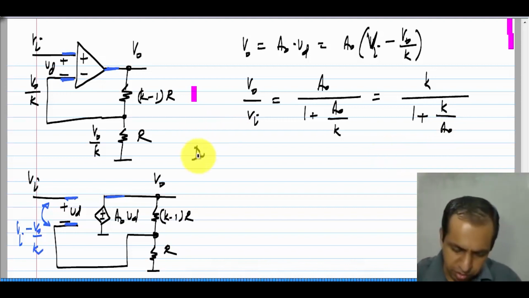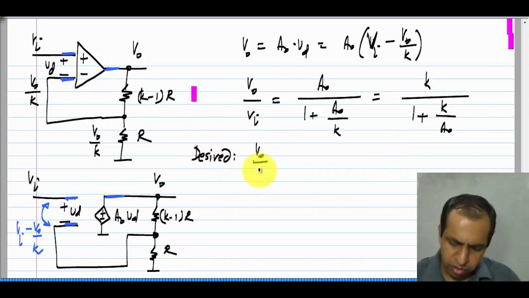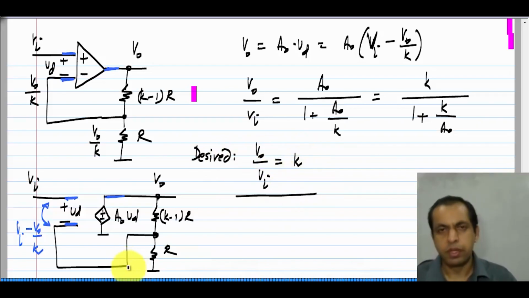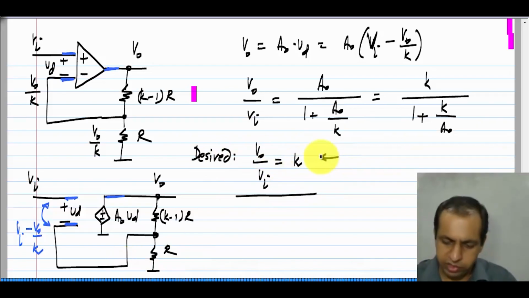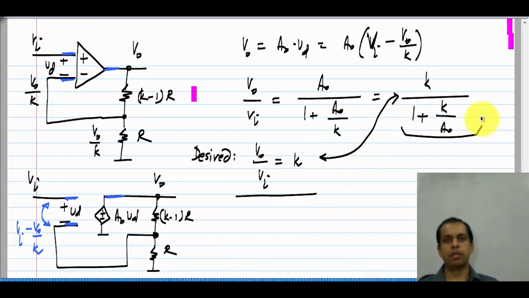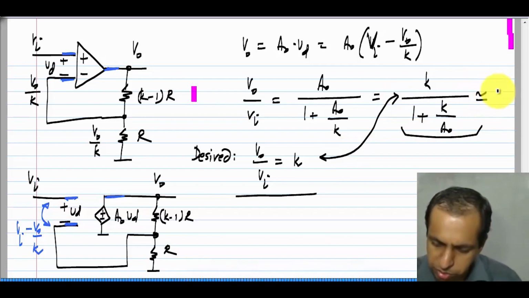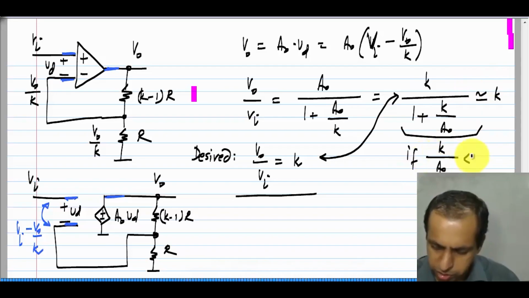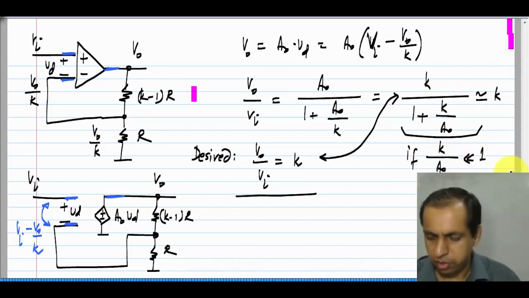So, that means that the desired function is V naught by V I equals K. Now, what I have is not exactly this, but that one. But by inspection you see that this will be approximately equal to K if K by A naught is much smaller than 1.